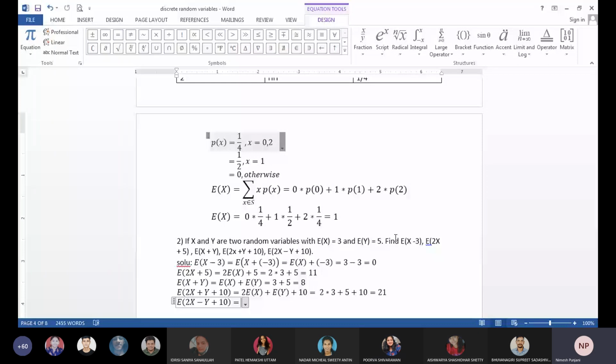Eleven. Can you explain how 11? Can you explain why it is 11? 2 into expected value of x minus expected value of y plus 10.